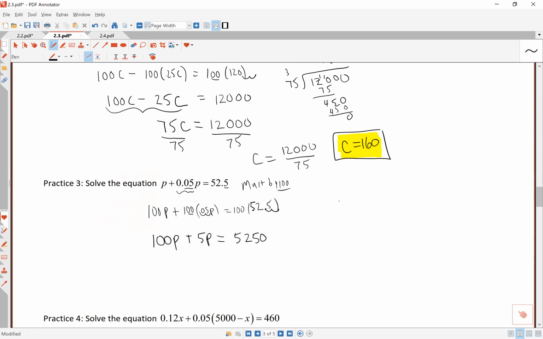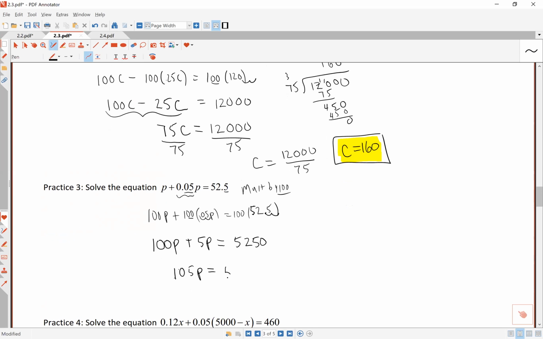And so that gives us 100P plus 5P, which is 105P, equals 5,250. Dividing both sides by 105, we have P equals 5,250 divided by 105.